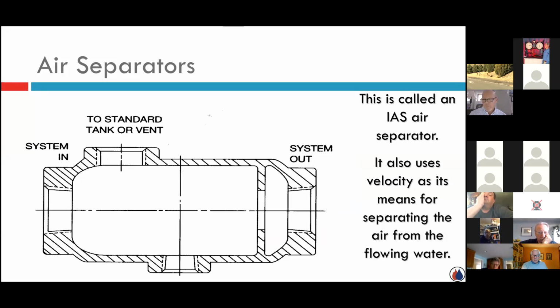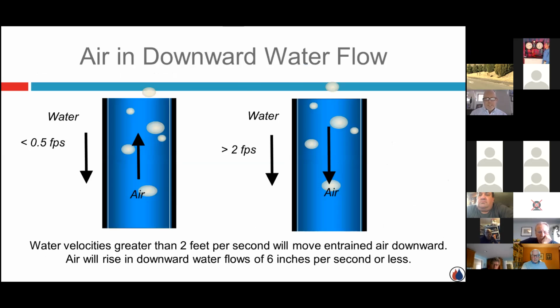Air was allowed to separate, and it would move out of this vent right here, this opening, to either an old style tank or more commonly today to a float vent. That was the key to it.